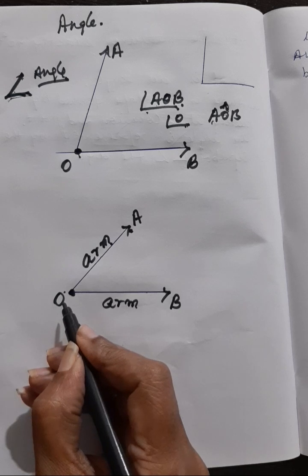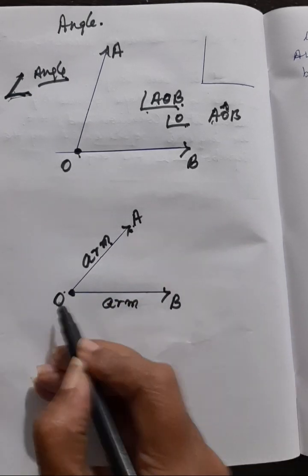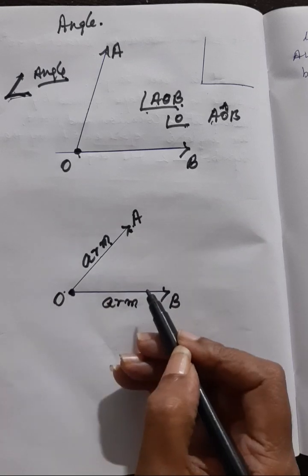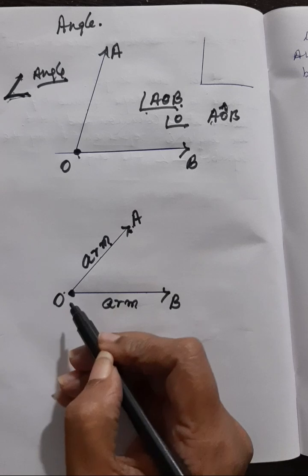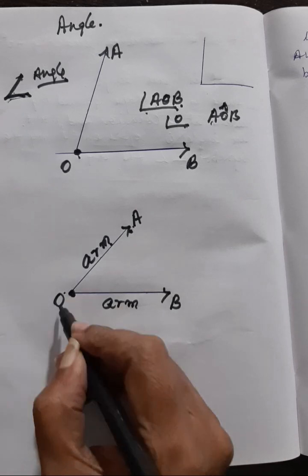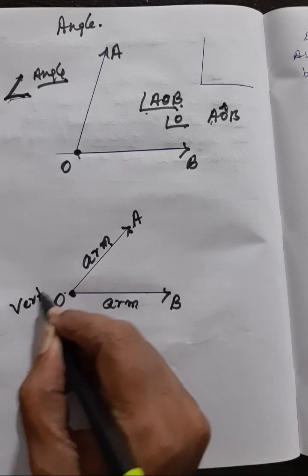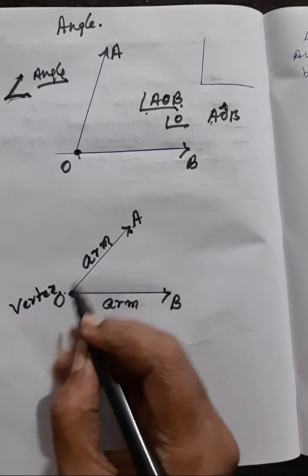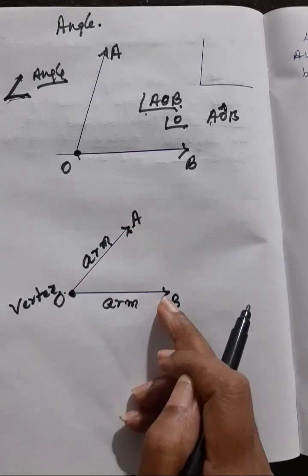Understood? So the two rays, OA and OB, meet and form an angle, and O is called as vertex. So this O is called as what? Vertex. Understood? So vertex of angle AOB.